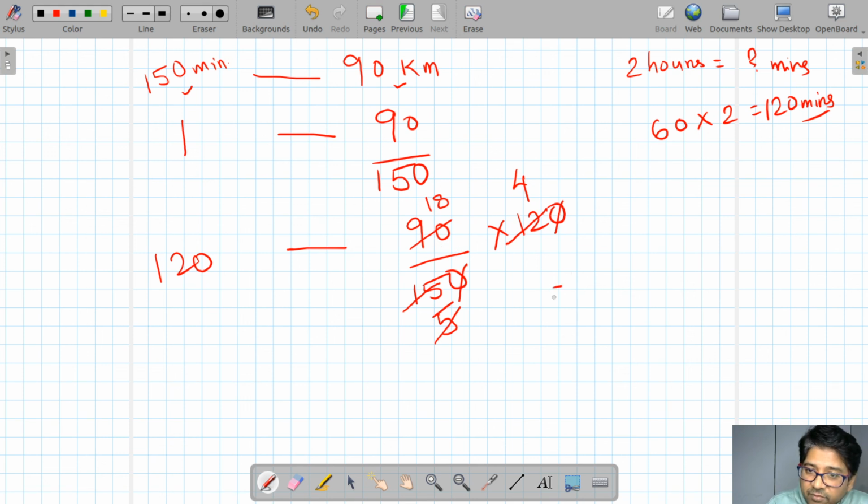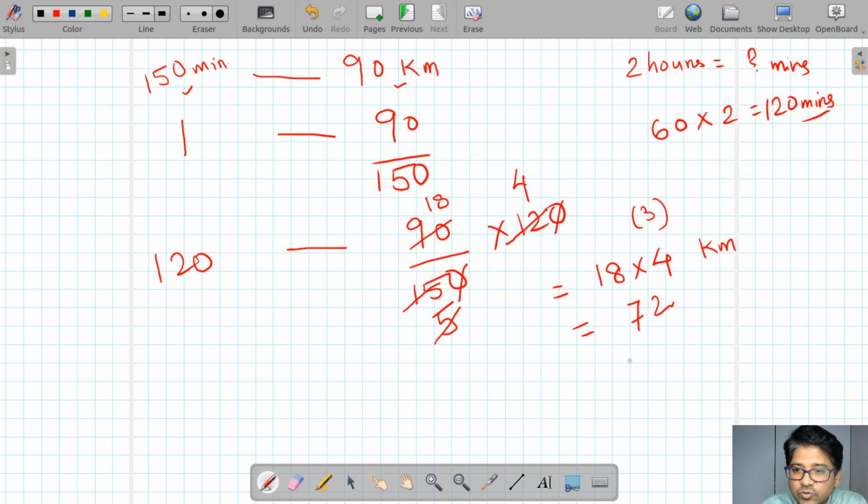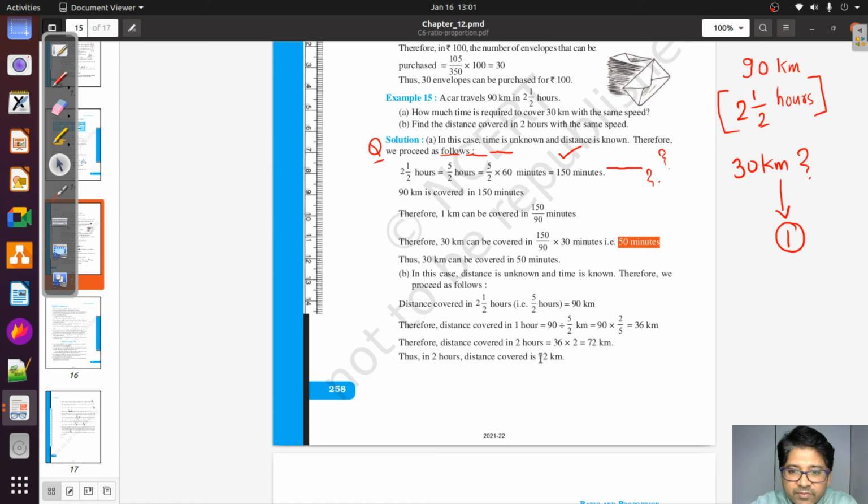So we have the final answer 18 4, kilometers, which means 4 8s are 32, plus 3 4s are 12, 4 plus 3 gives 72. So 72 kilometers. Let's see the answer. What is the answer? We have 72 kilometers.